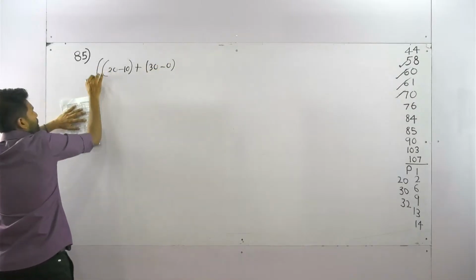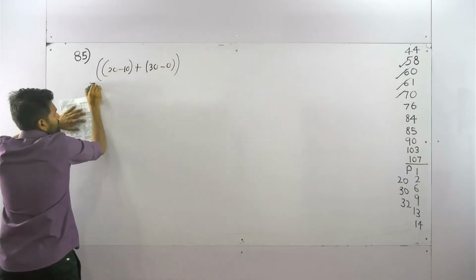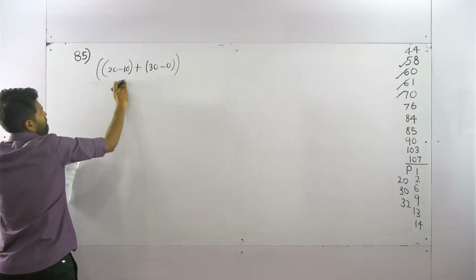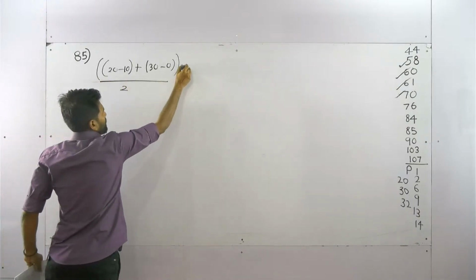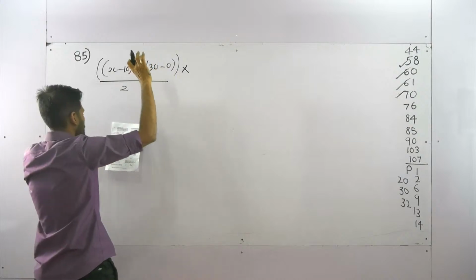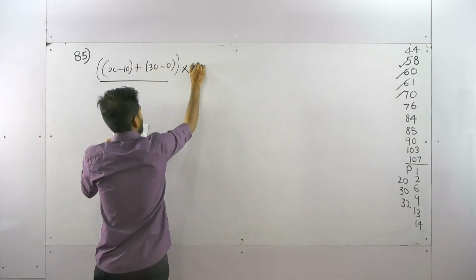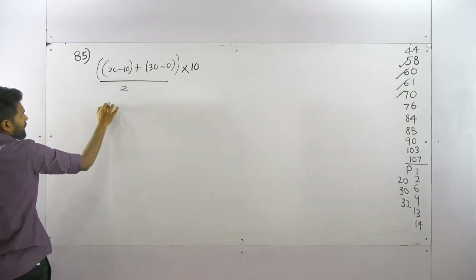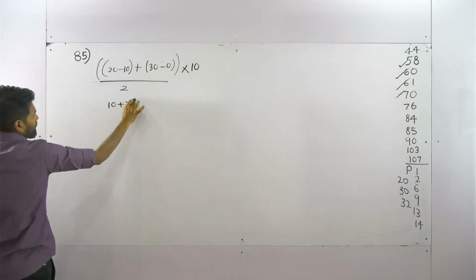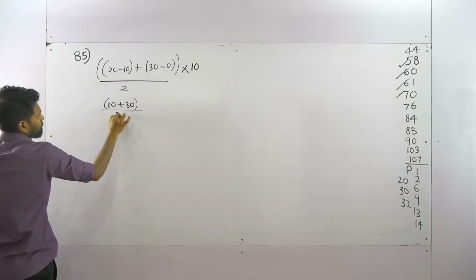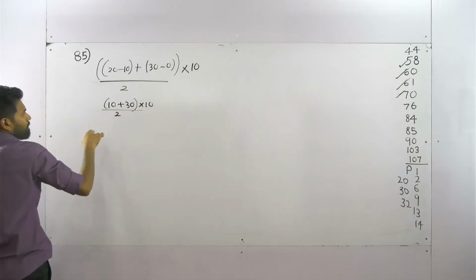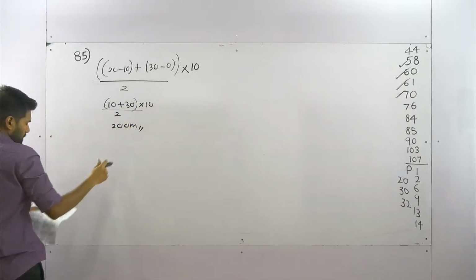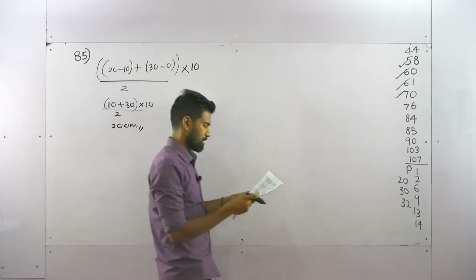Add the lengths of the parallel sides, divide by 2, and multiply by the perpendicular height, which is 10. So it's 10 plus 30 over 2 into 10. 40 over 2 is 20, times 10 is 200 meters. It's a simple question. The answer is A.